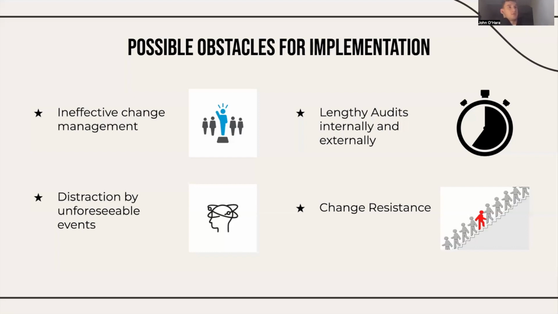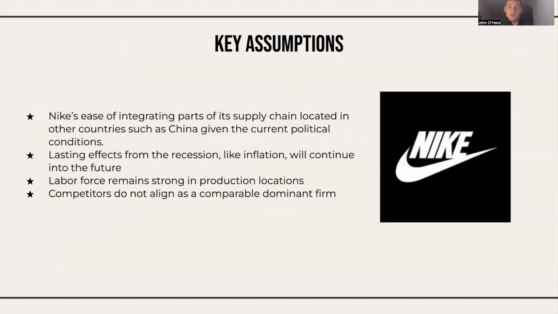And so next, we'll go over the key assumptions that we've kept in place throughout our case study of Nike. These include Nike's ease of integration of the supply chain, even with facilities being located in geopolitical hotspots such as China. Also, the lasting effects of the recession globally, such as inflation, which has been running rampant across many different countries around the world.